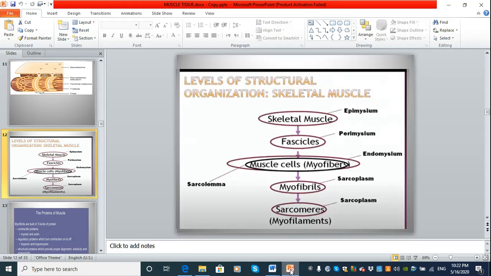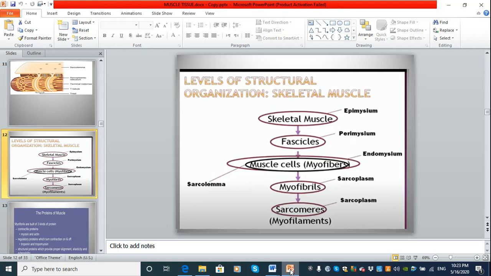All right, here I have the levels of structural organization. We carry this sketch from the top to the bottom. Skeletal muscles are surrounded by epimysium. It is made of fascicles, and these fascicles are surrounded by perimysium.